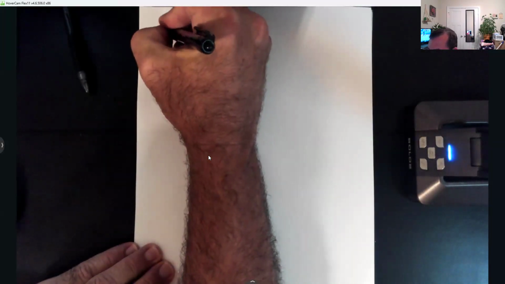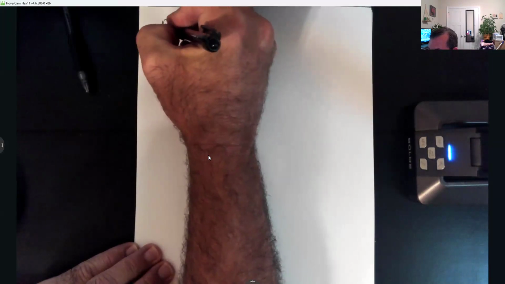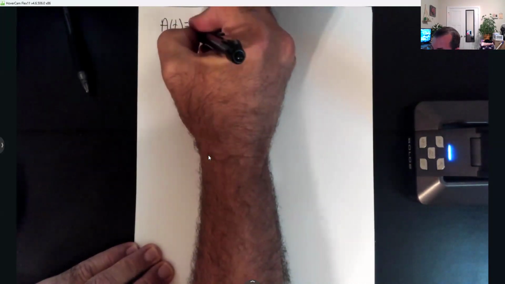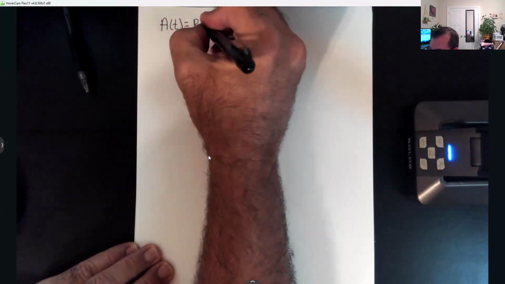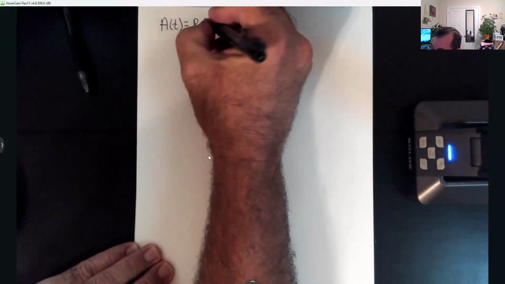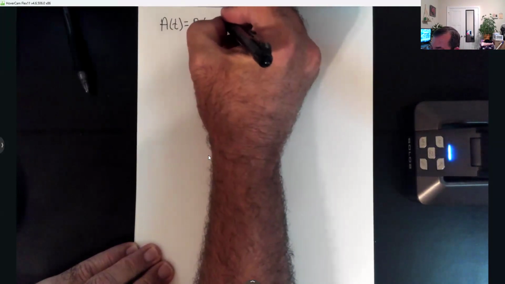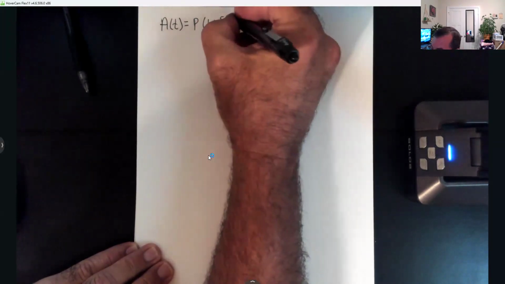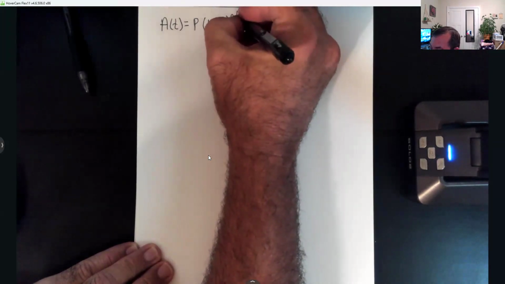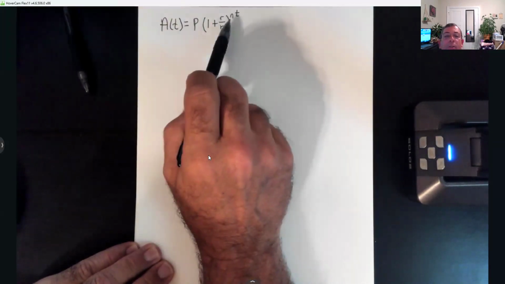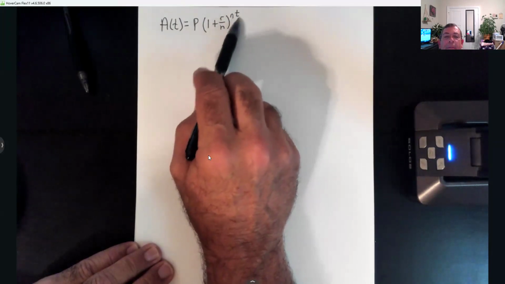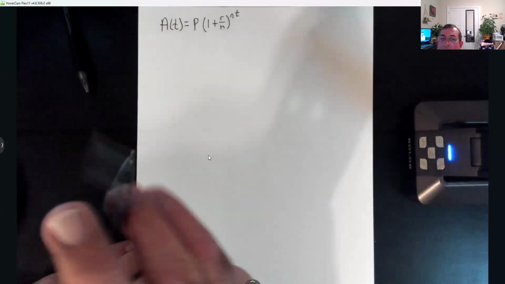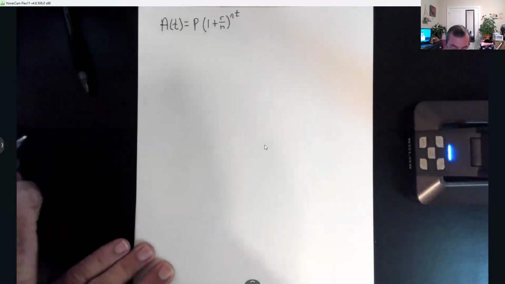So our formula is A of t equals P times 1 plus R over N, all raised to the N times T. So since I got exponents on this, this is an exponential type equation.